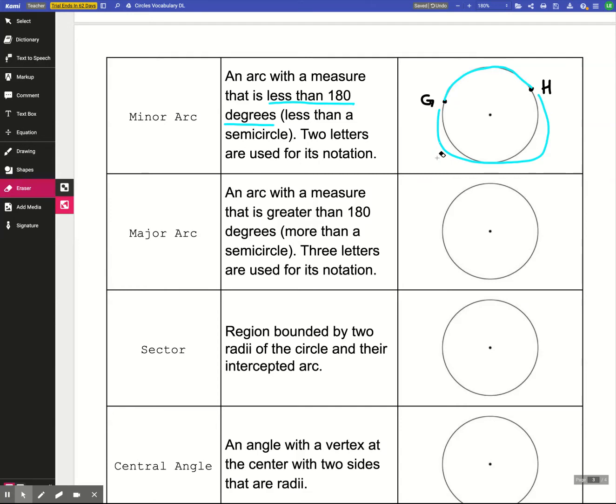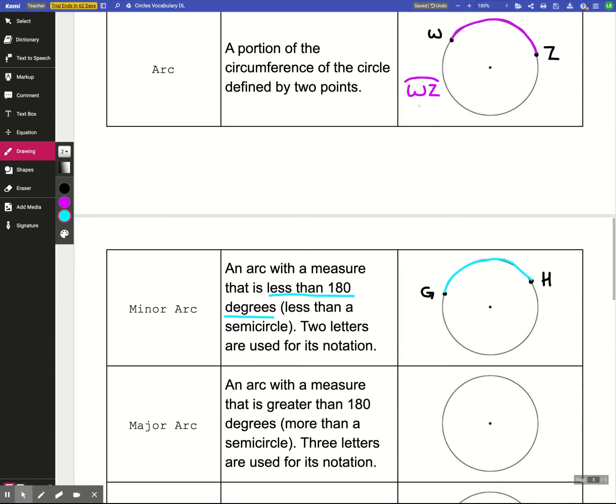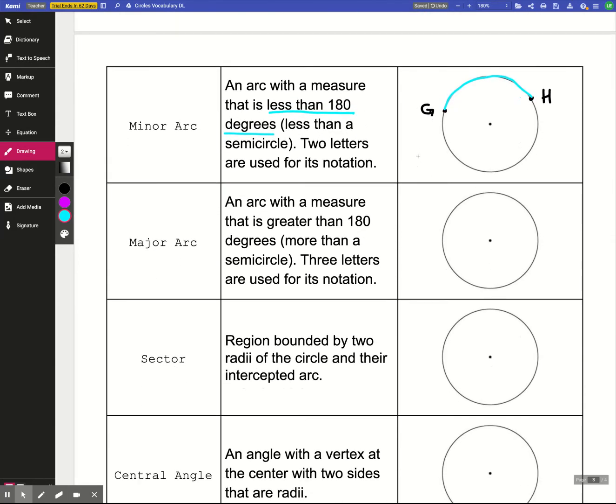It takes up more than half of the circumference of the circle. When we name minor arcs, very similar to what I showed you up here, we name them with two letters. So this would be arc GH, and then you put a little arc over the top.